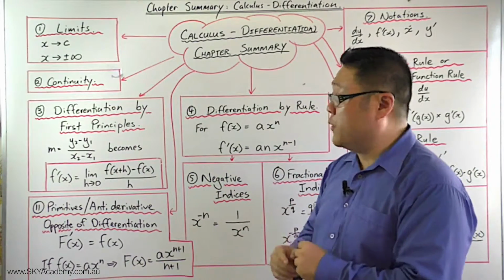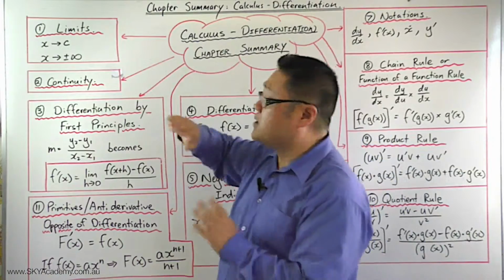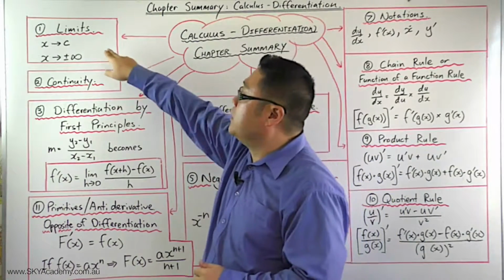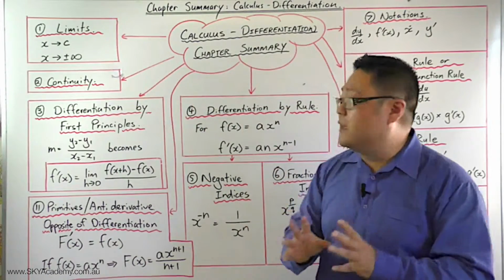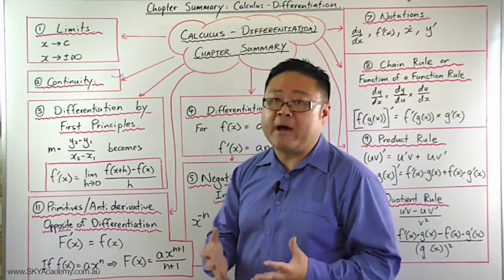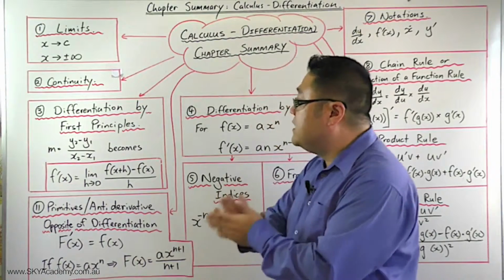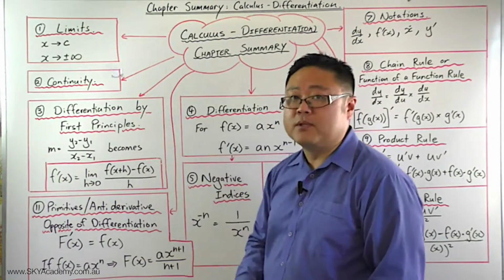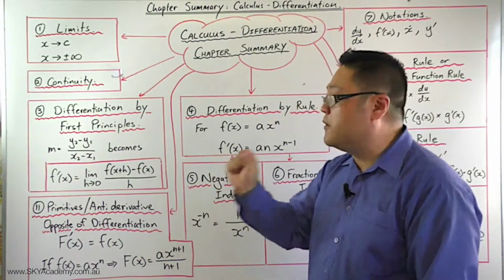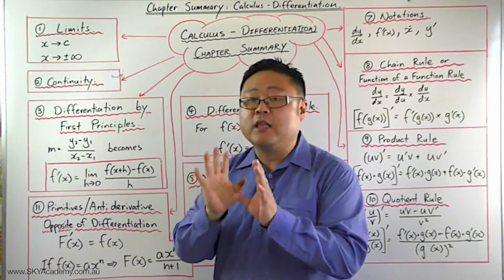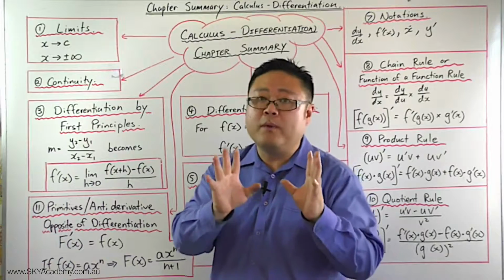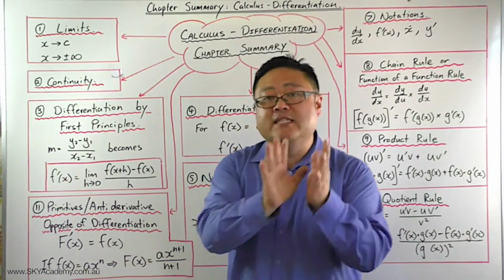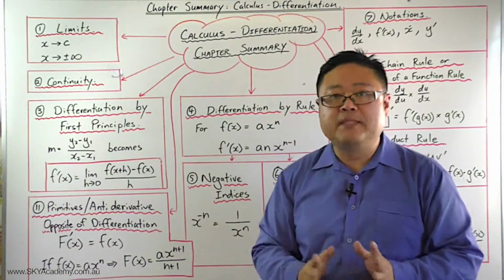After limits and continuity, the next thing we did was look at really what differentiation was about. We looked at differentiation by first principles. What is differentiation? Differentiation is specifically looking at rates of change, and what we mean by a rate of change is the gradient of a particular function.